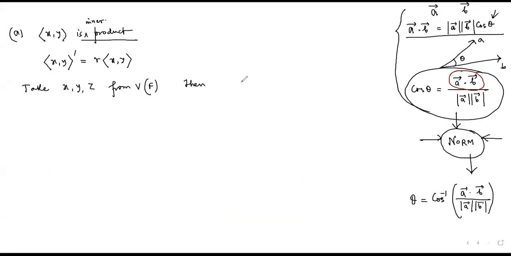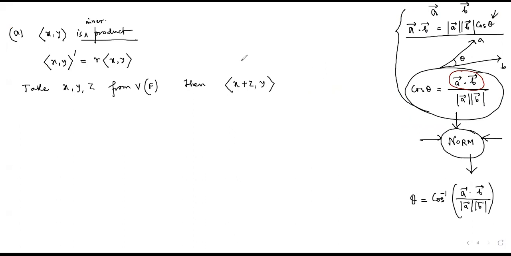Then X plus Z comma Y. If I consider X plus Z to be another variable, let us denote this variable by T. Sorry, we don't have to write it as TY.